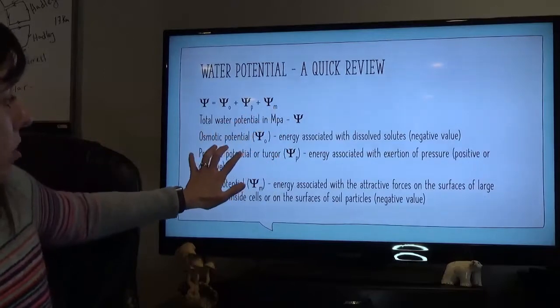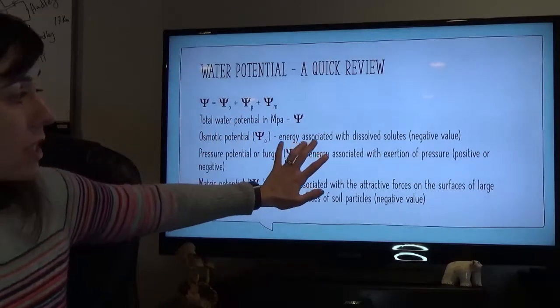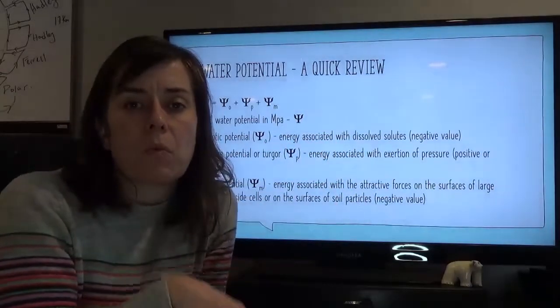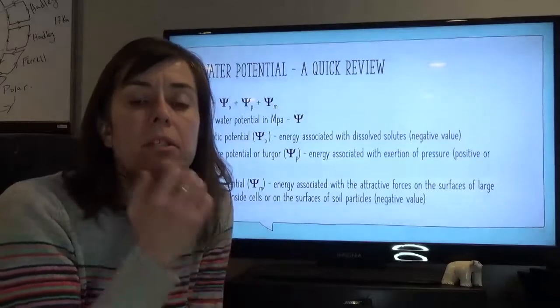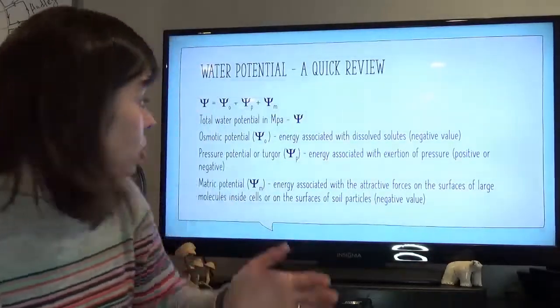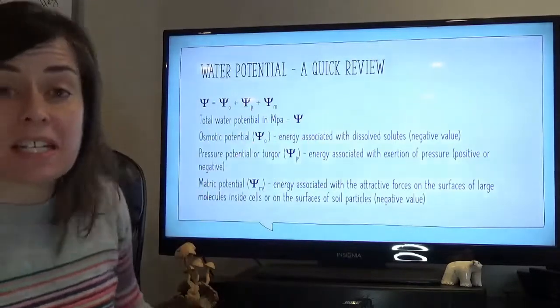Osmotic water potential is the energy associated with dissolved solutes. The more dissolved solutes you have in water, salts, sugars, whatever it happens to be, the lower the free energy of the water. And so osmotic potential is always a negative value.